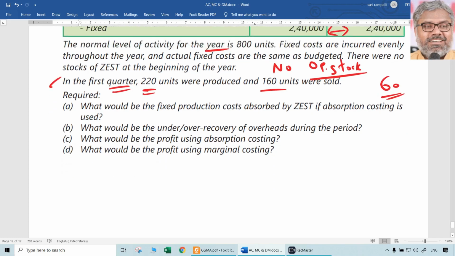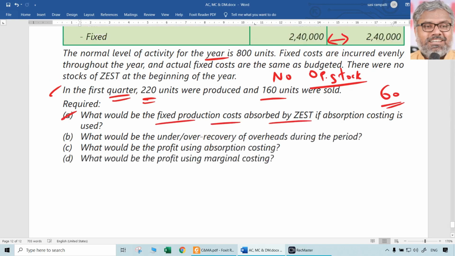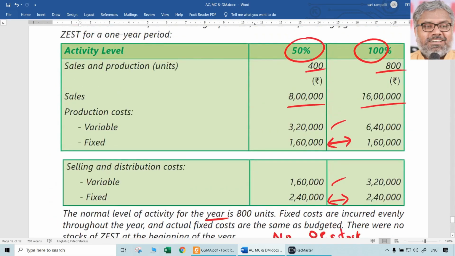Now what is required is, what would be the fixed production cost absorbed by Jest if absorption costing is used? It's a straightforward thing. Production fixed cost 1,60,000 is the total. Normal capacity is how much? 800 units. Per unit, the absorption rate, the overhead rate per unit, is 200, isn't it? 160 by 800 is 200.